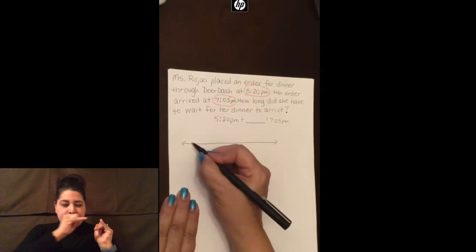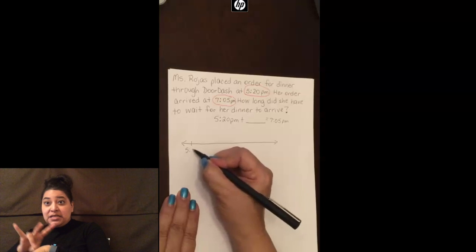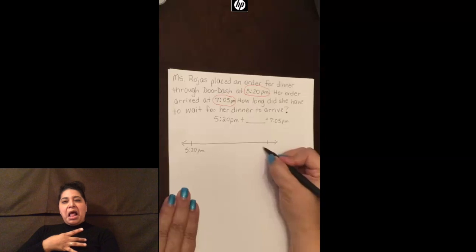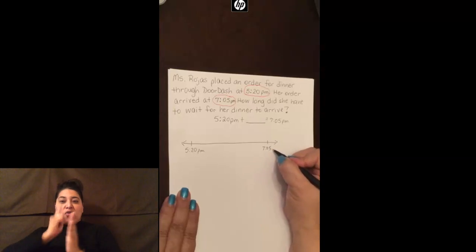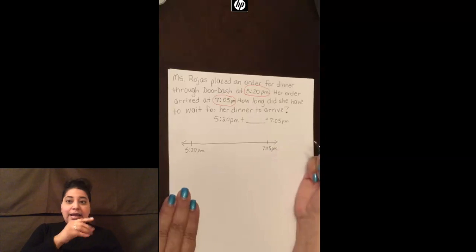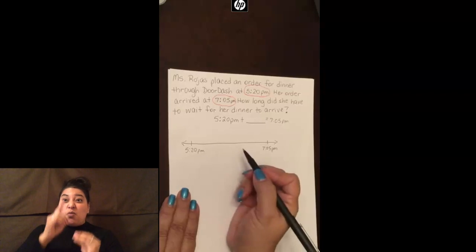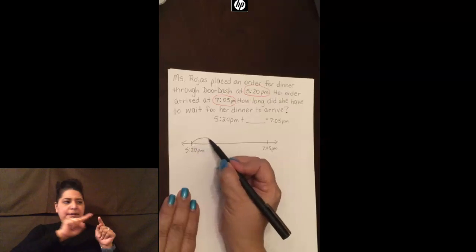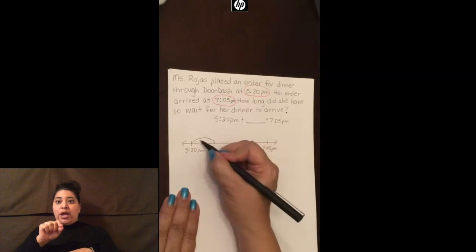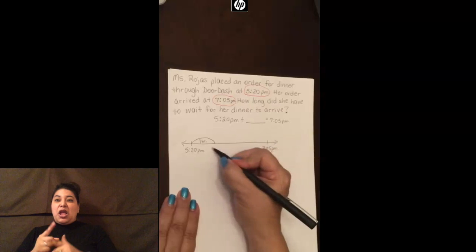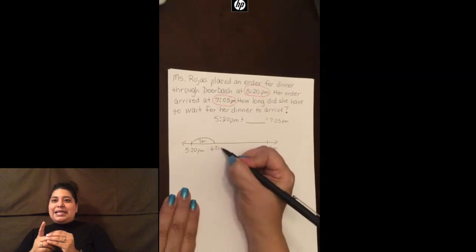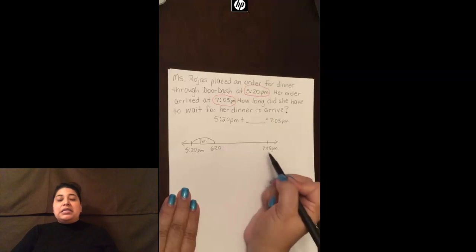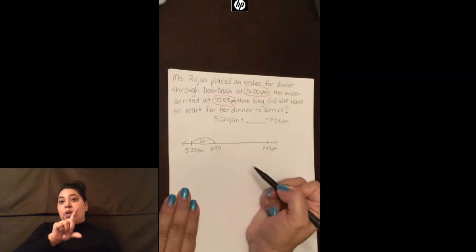Okay, I'm going to put my beginning time, 5:20, and my ending time of 7:05. Now I like to start with my hours first. So I'm going to take my 5:20, and I know if I add 1 hour, it'll be 6:20. But if I add another hour to that, it'll be 7:20, which is way too much time.